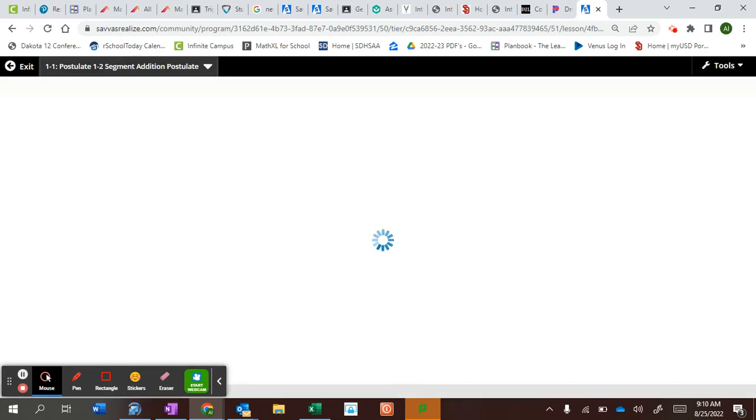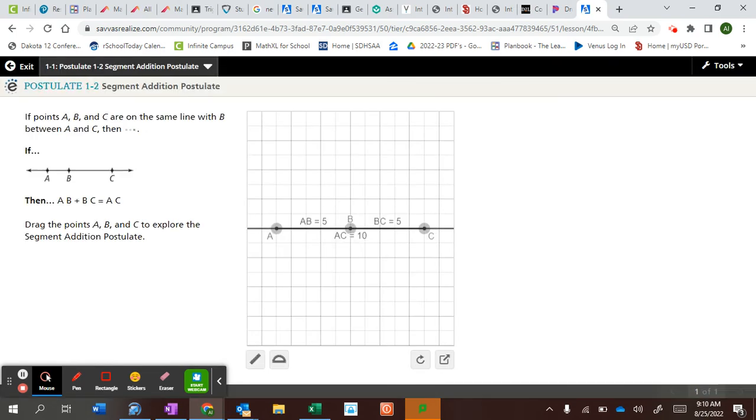Let me jump in here quick. The segment addition postulate says that if I have a segment and I have another point in my segment somewhere, the one small segment plus the other small segment add up to be the big segment. So 5 and 5 make 10. Or if I move B a little bit, 7 and 3 make 10.